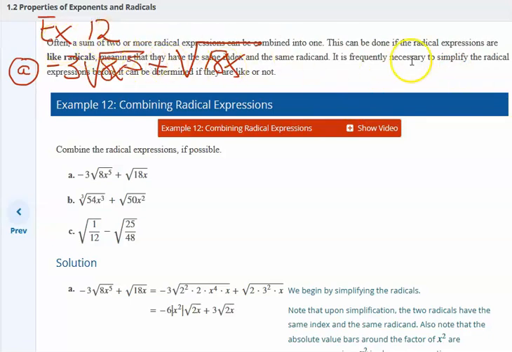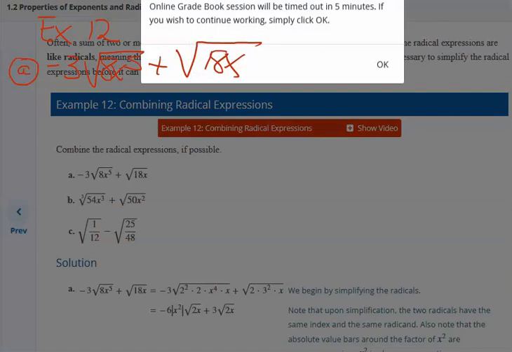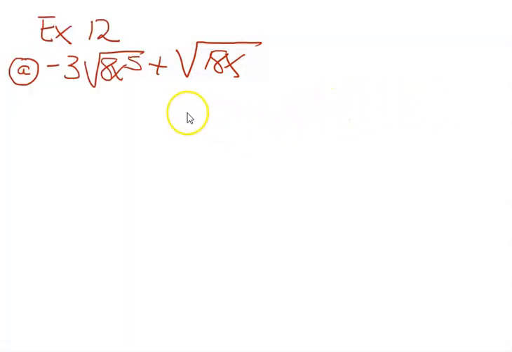This is example 12A. Let's go to a whiteboard here. And as we look at it, let's see what we can do. We want to simplify these fractions. So a negative 3.